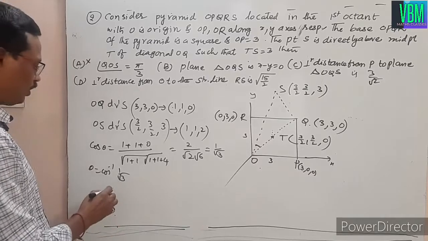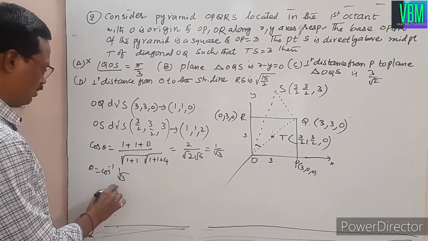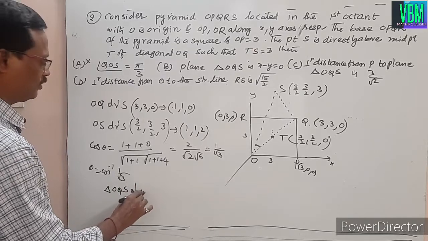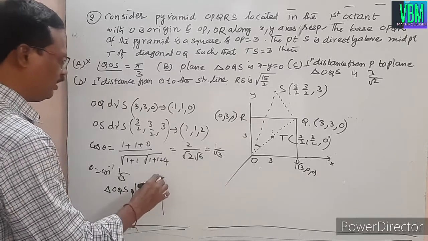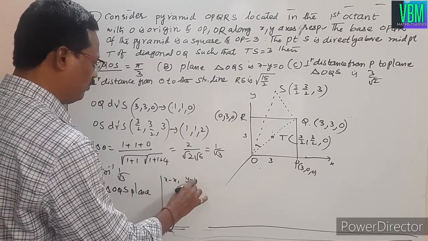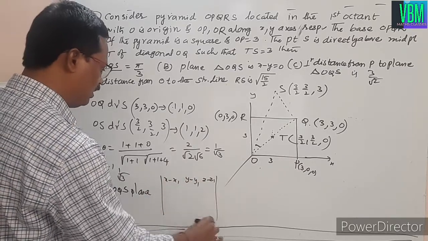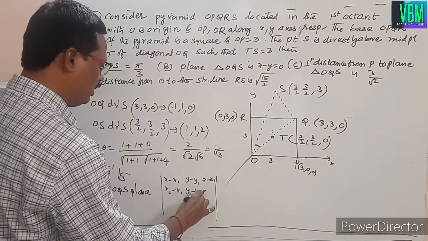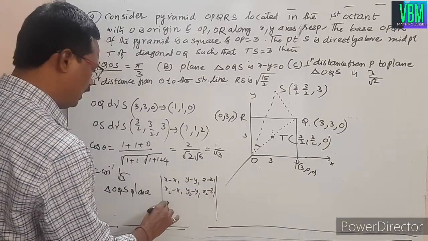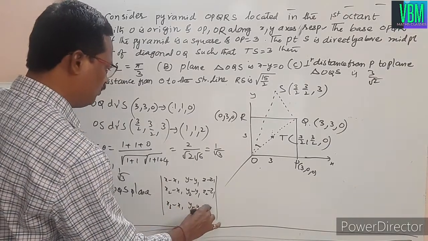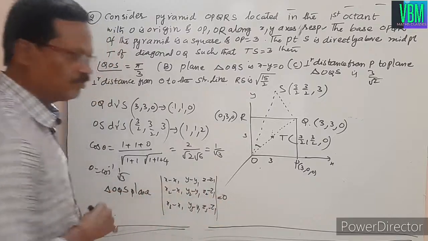The plane equation formula is the determinant of x minus x1, y minus y1, z minus z1; x2 minus x1, y2 minus y1, z2 minus z1; x3 minus x1, y3 minus y1, z3 minus z1, equal to 0.